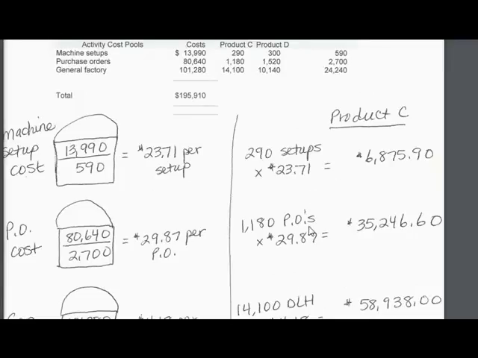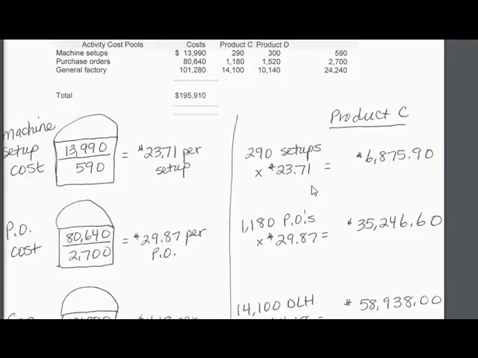So once we've calculated these activity rates, we can then use them to apply overhead to our products. And so I'm showing the calculations for product C. We would go through the same steps to allocate overhead to product D. So going back to our expected activity table, we see product C, we think we'll use 290 machine setups, and we're allocating overhead at the rate of $23.71 per setup, which we calculated over here.